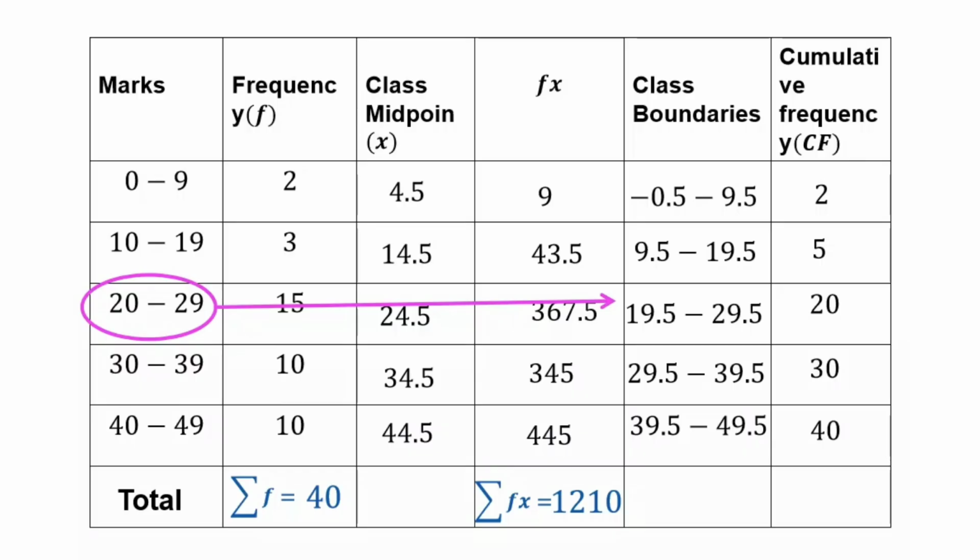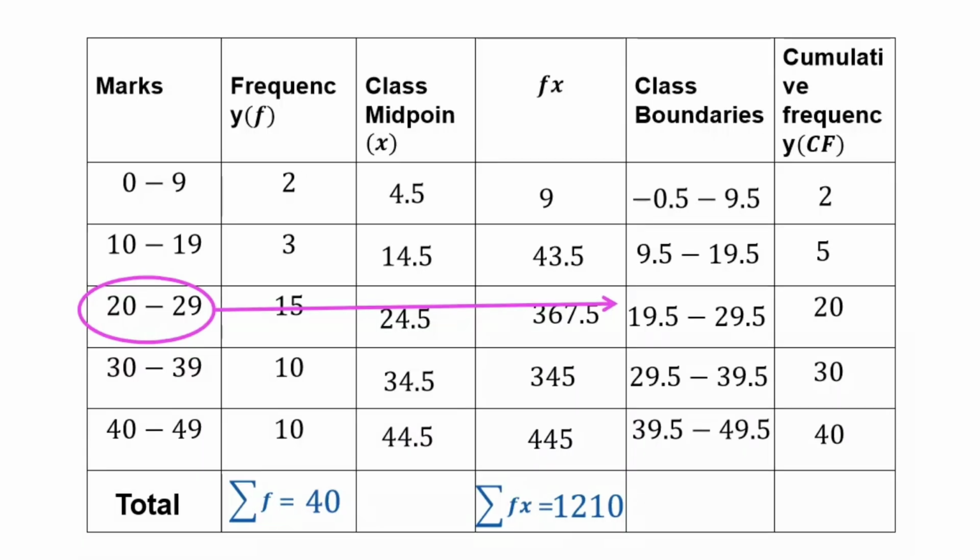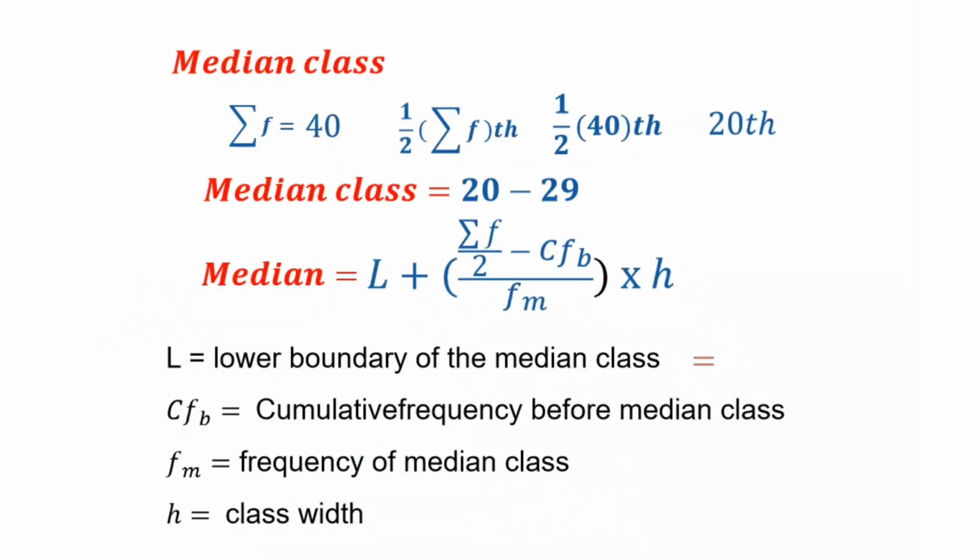So if you take that class, we have 19.5 and 29.5. So 19.5 is our lower class boundary and 29.5 is our upper class boundary. So our L is 19.5. That is very great.